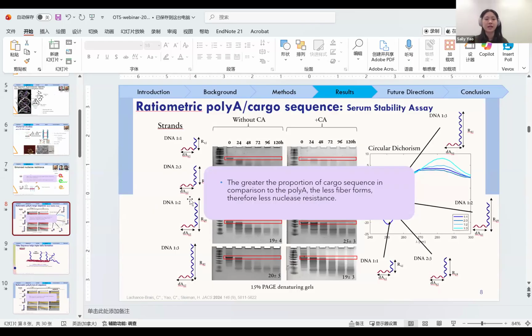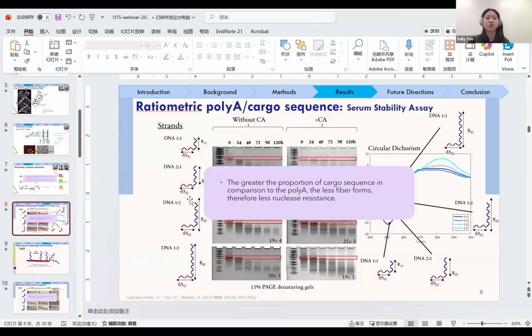Everything we have here is non-modified DNA, and what we want to see is whether a longer cargo will affect the fiber formation. What we observed is that when you have a very long cargo, let's say DNA 1 to 3 strands have 15 mers of A but 45 mers of cargo, it's very hard to form a triple helix structure.